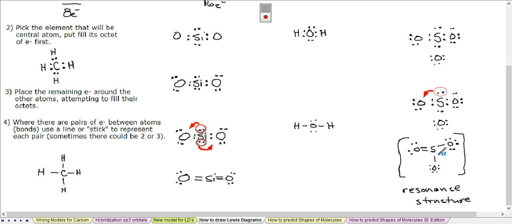And a resonance structure means that this double bond can jump between these 3. We've just drawn one form of it, but it will actually rotate from one to the other, and that's one of the weird things about nature is that this double bond does not actually stay there. It rotates through, and sometimes you'll see resonance structures that look like this.